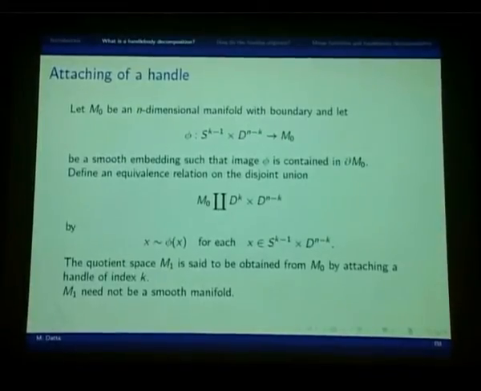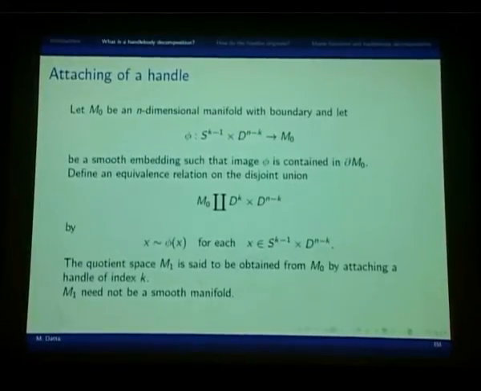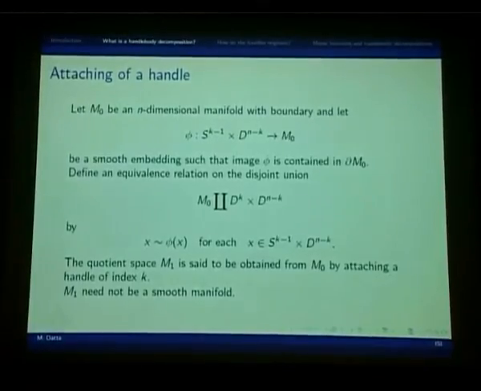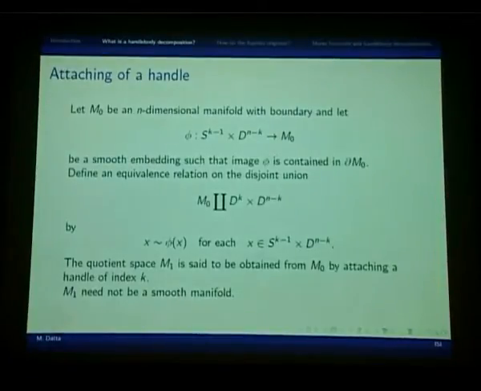The quotient space M1 is said to be obtained from M0 by attaching a handle of index k. Now you see the same thing, D^k × D^(n-k), can be attached in another way. You can consider the other part of the boundary, for example D^k × S^(n-k-1), and get a smooth embedding psi from that into M0 and get the corresponding quotient space. You can get another quotient space.